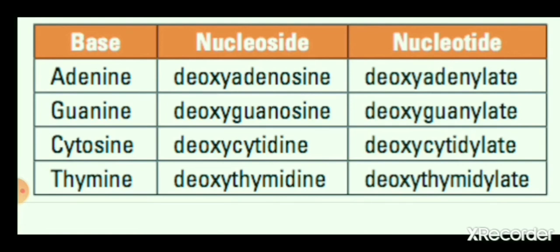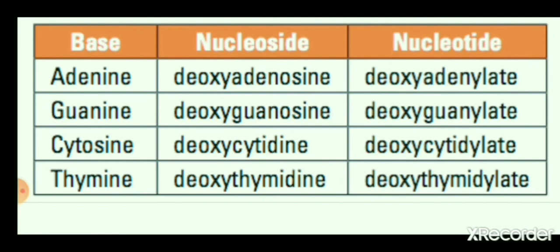Cytosine, when attached with the deoxyribose sugar, is called deoxycytidine. And when it is also attached with a phosphate ion, it is called deoxycytidylate. It is a nucleotide.